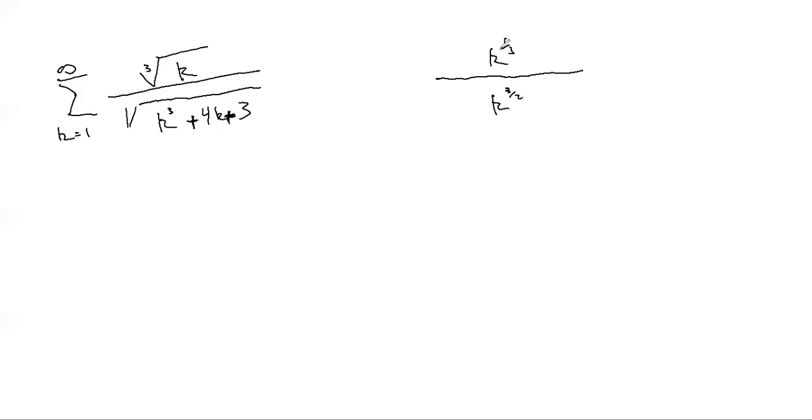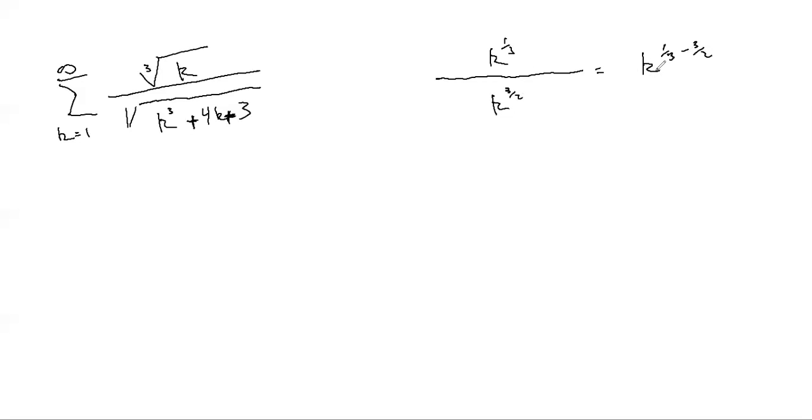All right, so I got k to the 1/3 over k to the 3/2. That's equal to k to the 1/3 minus 3/2, right? When I divide terms with the same base and different exponents, I subtract the exponents. All right.